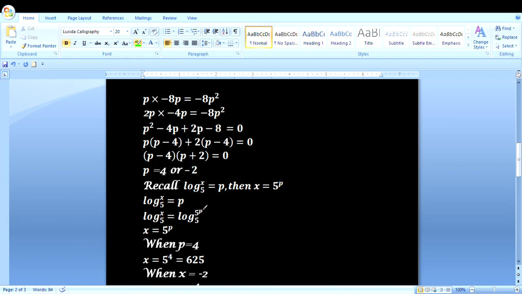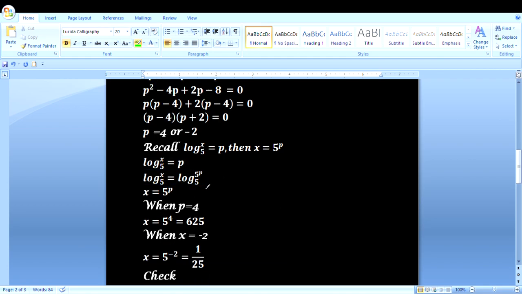Now we said initially that our question asks us to find x, but we said let log x to base 5 be equal to p. That means that x, from the definition of logarithm, is equal to 5 raised to power p. So here the transformation means x is equal to 5 raised to power p.